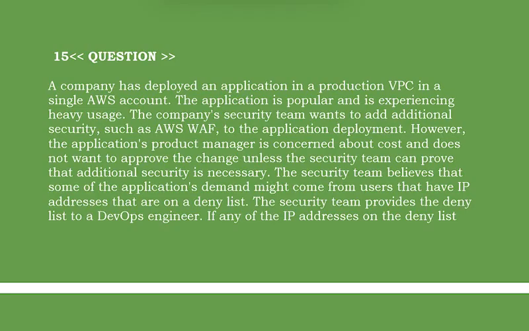The security team believes that some of the application's demand might come from users that have IP addresses that are on a deny list. The security team provides the deny list to a DevOps engineer.